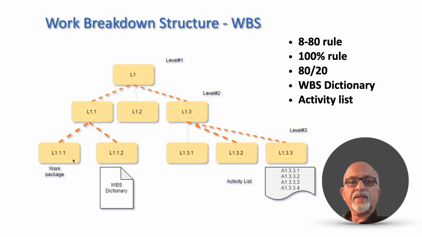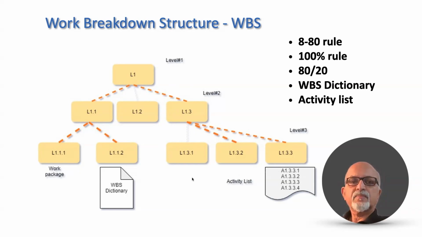L1.1.1 is a work package. L1.1.2 is a work package. L1.3.1 is a work package. L1.3.2 is a work package. And L1.3.3 is also a work package. So work packages are the lowest element in a WBS. We call them work packages.